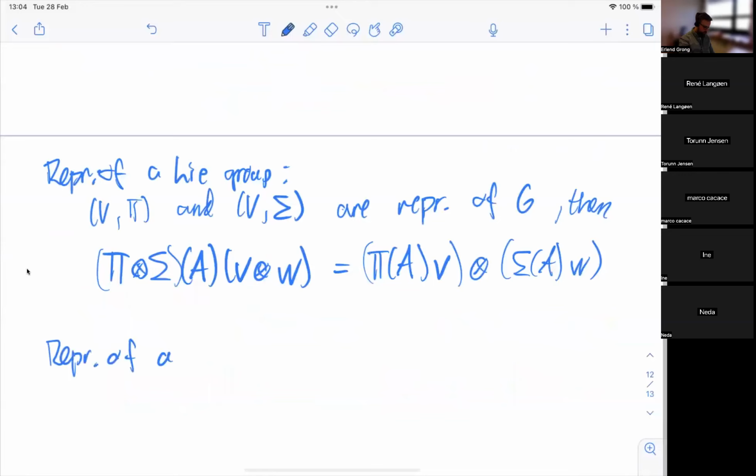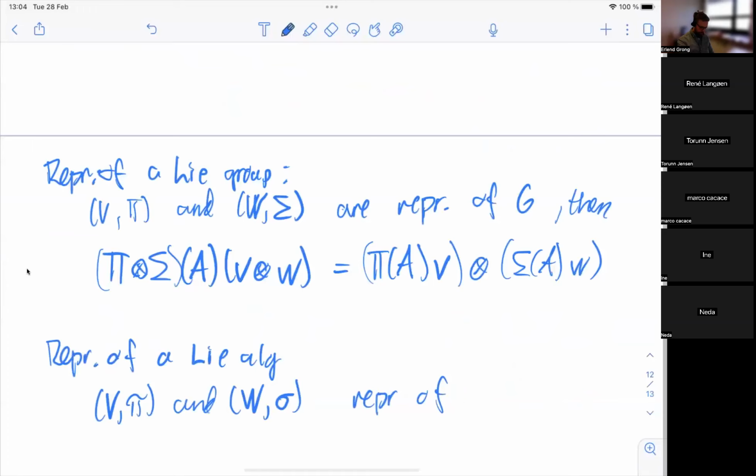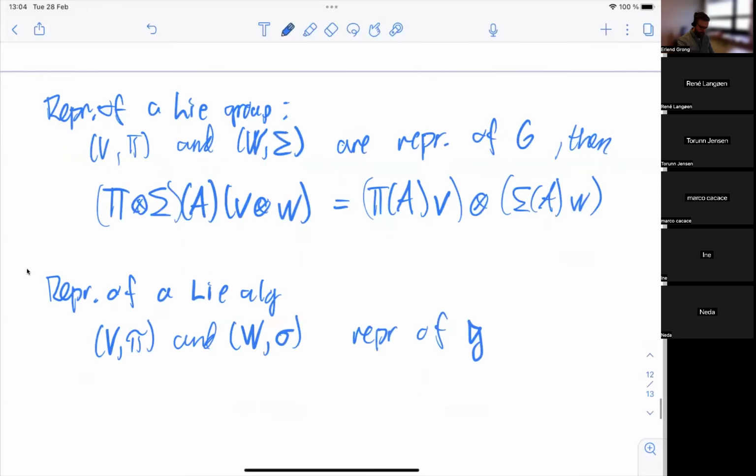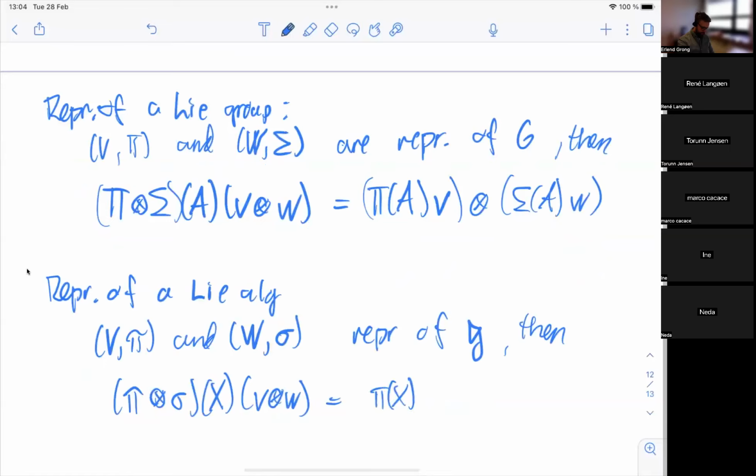Whereas for representations of a Lie algebra, if you have V with small pi and W with small sigma, representations of small g, then pi tensor sigma of x applied to V tensor W will be pi of x of V tensor W, so it looks a bit similar in the beginning, but then we need to add V tensor sigma of x of W. So in this case, we don't get something straightforward in each component.